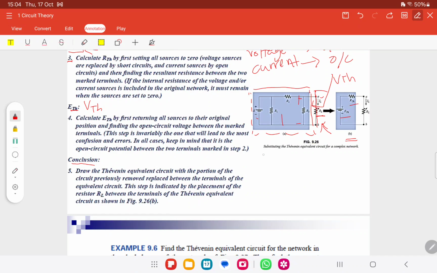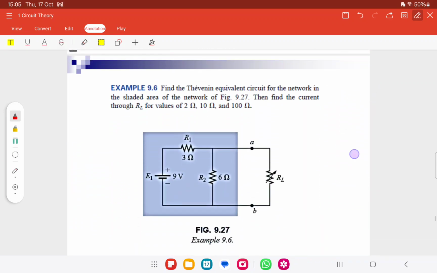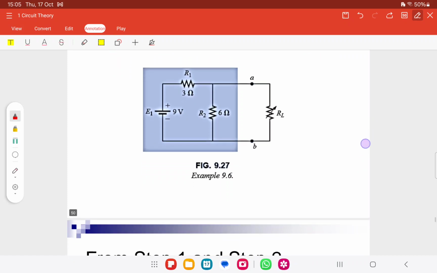Okay, as you guys can see from the circuit A, it is a bit complex. We have 1, 2, 3, 4 components. Circuit B, we only consist 2 components. Okay, the ETH and RTH. Okay, boleh? Kita tengok one circuit here.